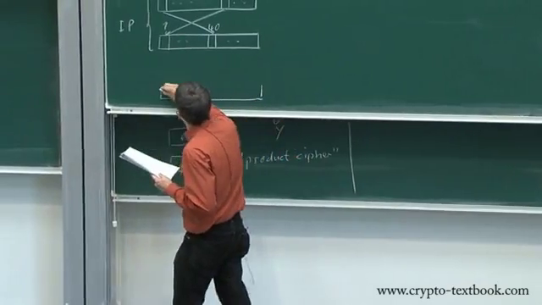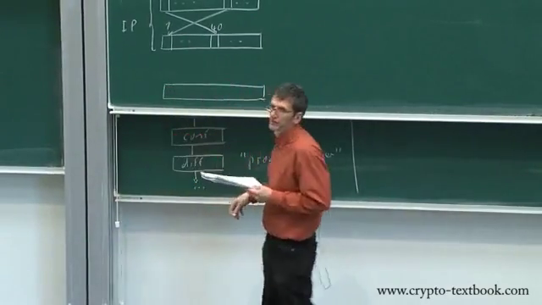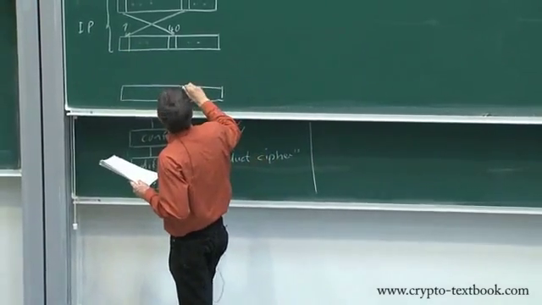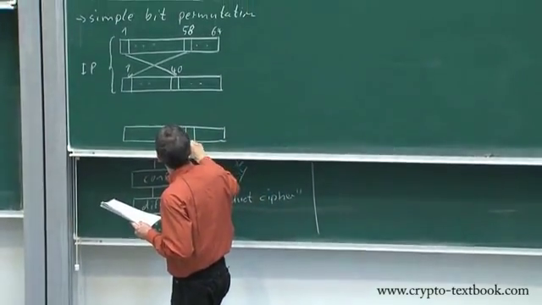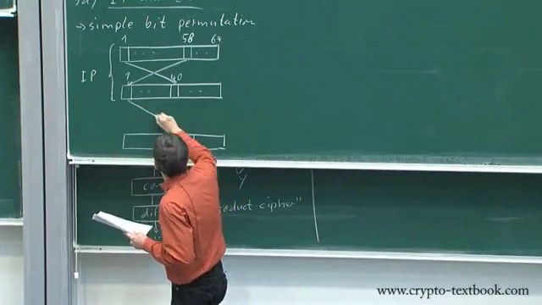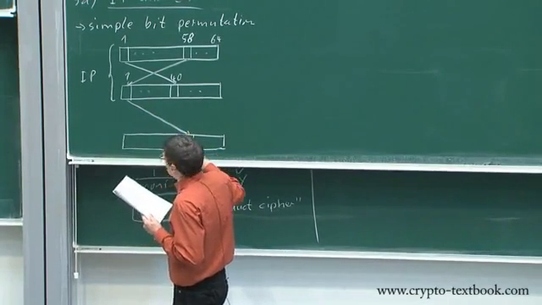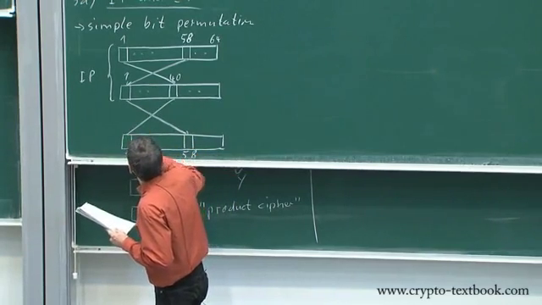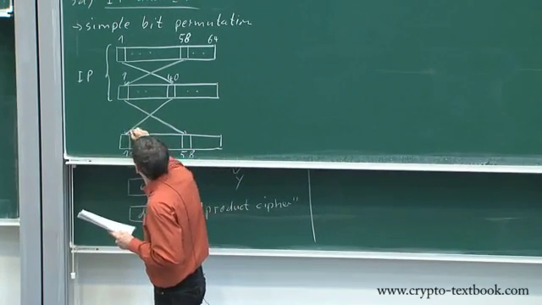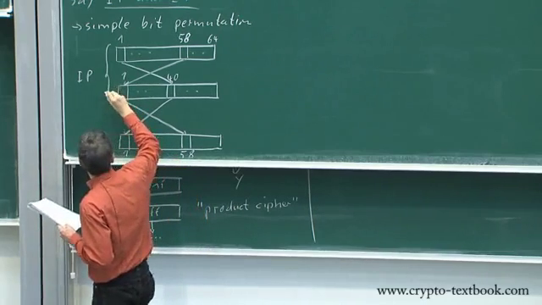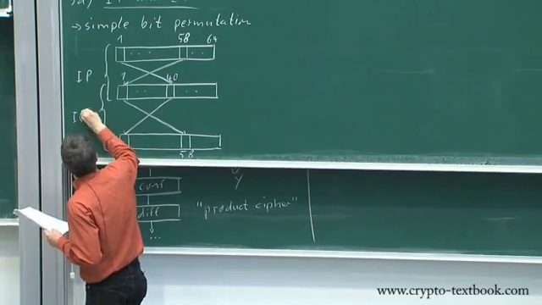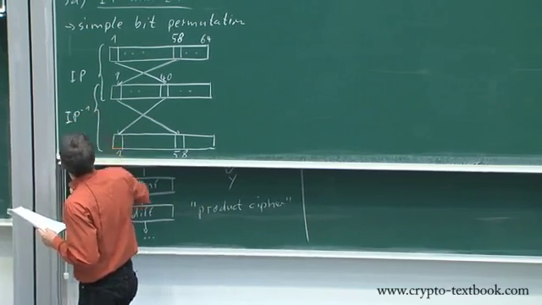If you do the inverse permutation, exactly the inverse happens. That means bit number 1 is again copied to bit position 58, and bit 40 is copied to bit position number 1. So this is IP^-1. Okay.